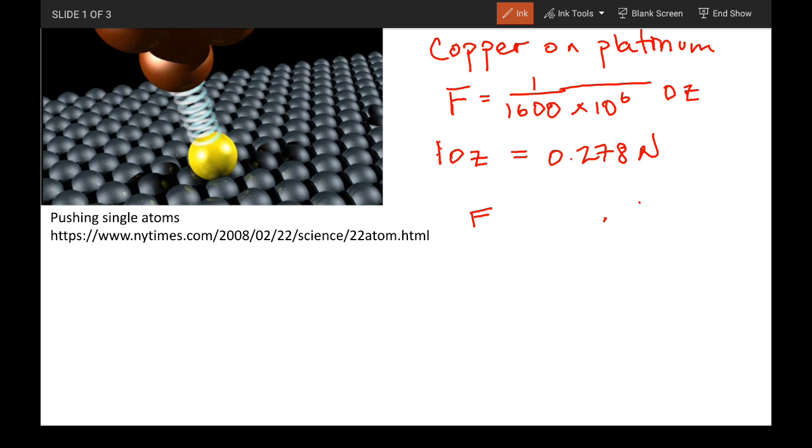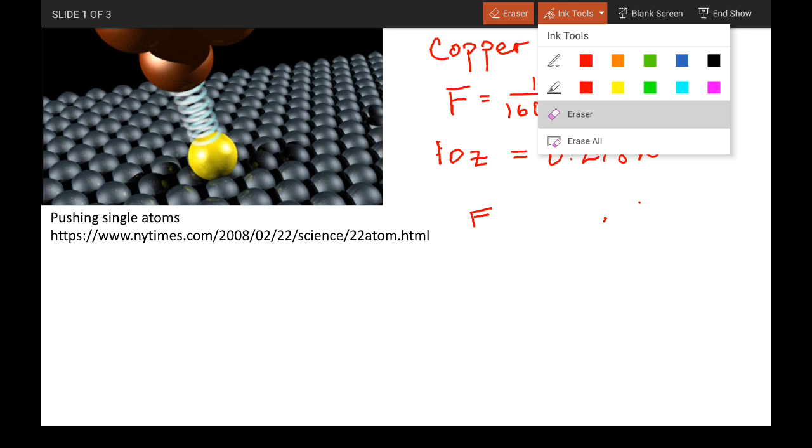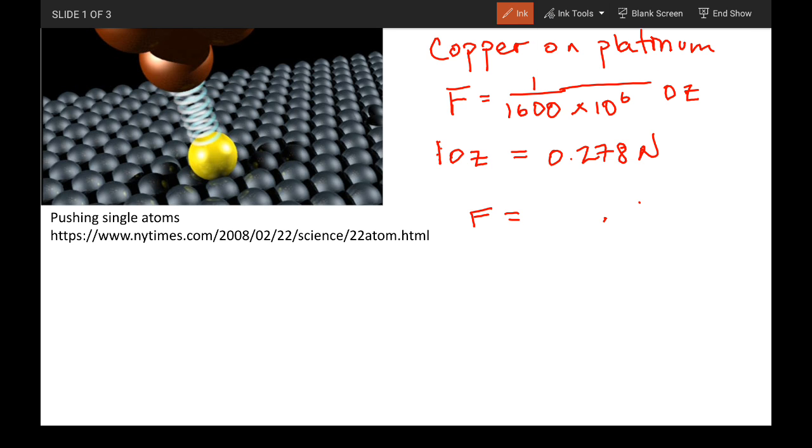And so if I convert this force, I will get F equals 1 divided by 1600 times 10 to the 6, times that.